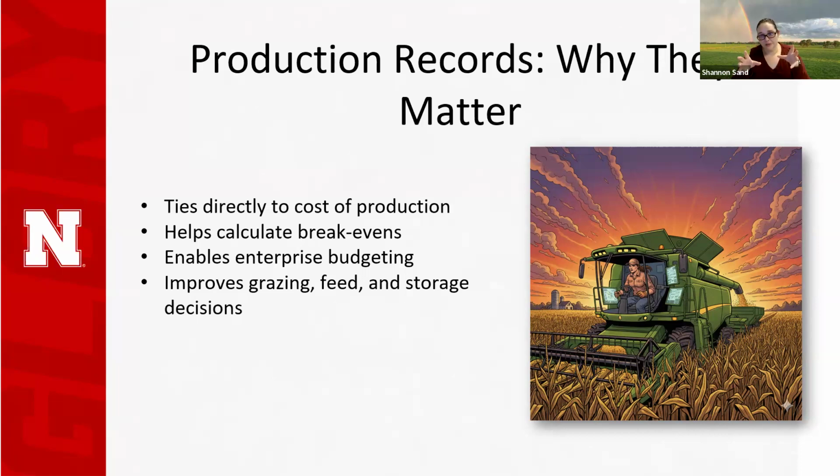But having those production records so you have ideas of what's actually been produced is really helpful to be able to, again, create these budgets and analyses. So if you want to evaluate switching different hybrids, adjusting stocking rates, or expanding a cow-calf herd, good production records really help, especially again, if it's on your operation, you're already doing it, wherever you're renting land from, really, really important.